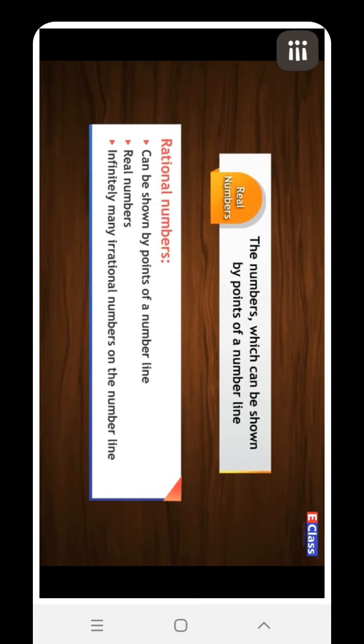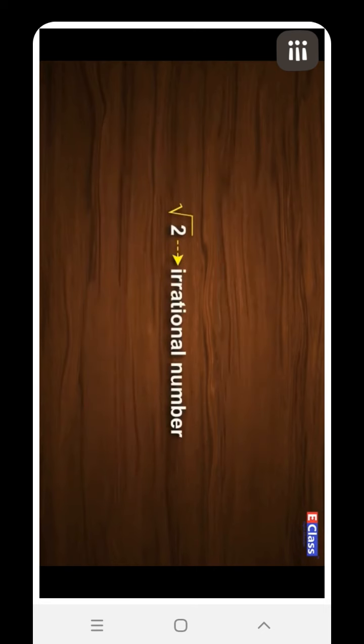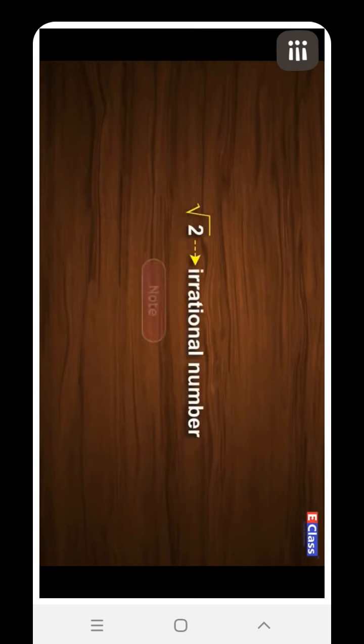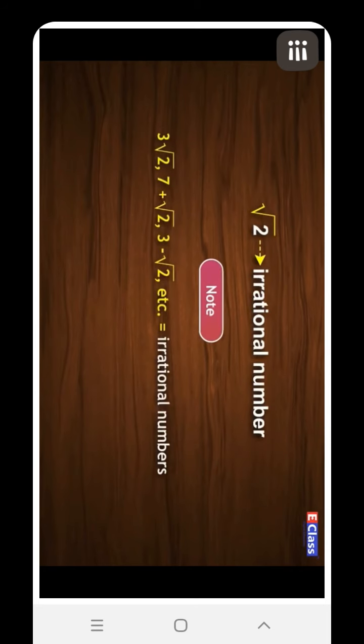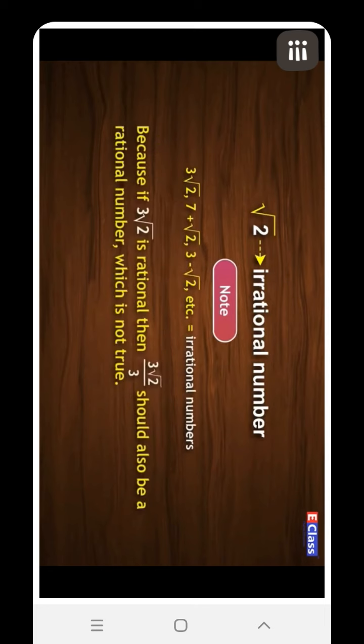There are infinitely many irrational numbers on the number line. The square root of 2 is an irrational number. Note that numbers like 3 square root of 2, 7 plus square root of 2, 3 minus square root of 2, etc. are also irrational numbers.